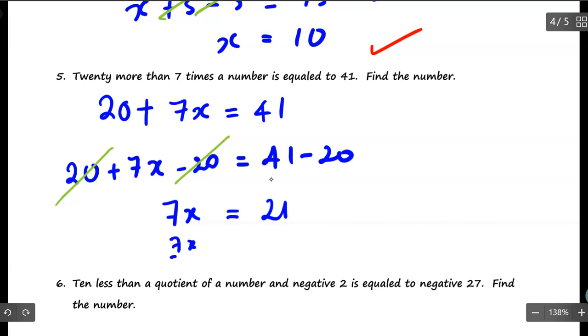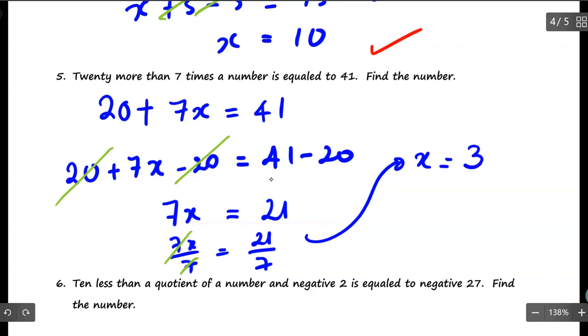Divide both sides by 7 to get rid of the 7. In the end, I isolate the x, and x is equal to 3. Now we will put 3 into this sentence to see if it makes sense. 20 more than 7 times 3 is equal to 41. So 7 times 3 is 21, and 20 plus 21 equals 41.